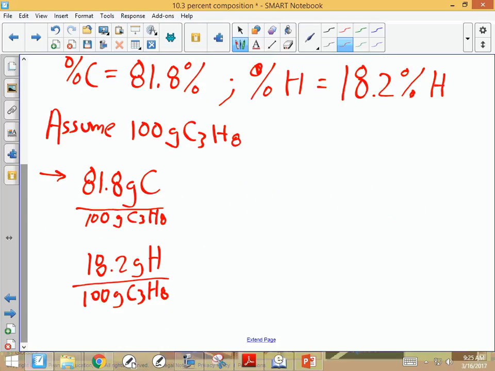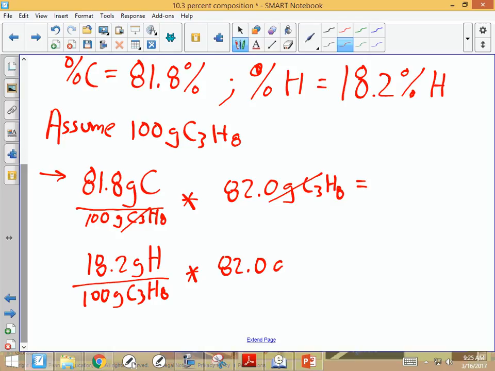82.0 grams of propane. All I have to do is multiply 82 grams of propane. Grams of propane cancel, and I'm left with grams of carbon when I multiply. Do the same thing down here. I'm multiplying by 82. That's the actual amount of propane they gave me.